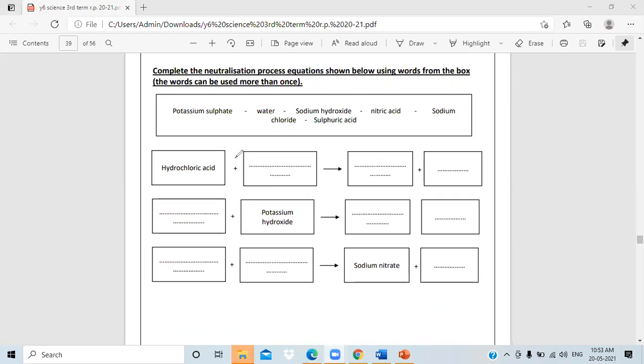Yes, miss. Okay, can you tell me what I'm going to write in the first one? Hydrochloric acid will react with what? Potassium sulfate. Is it an acid? Is it an alkali? No, sodium hydroxide, sorry. Yes, sodium hydroxide.